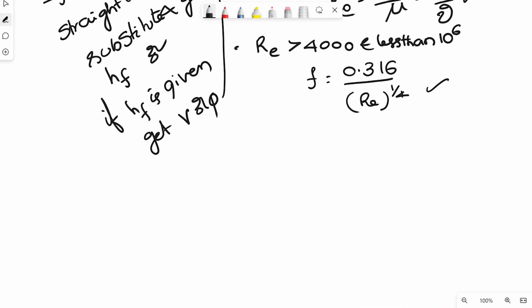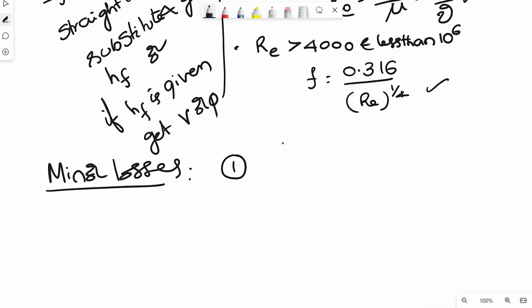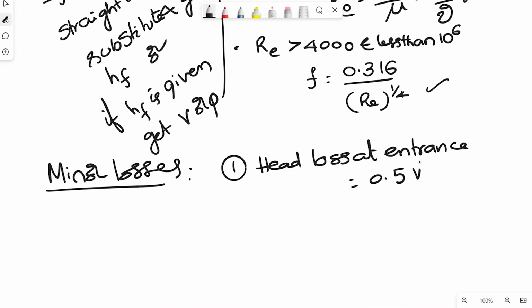Or if minor losses are given, the minor losses I already mentioned in the last class. Even though there are many, let us go for head loss at the entrance, 0.5 V squared by 2g.